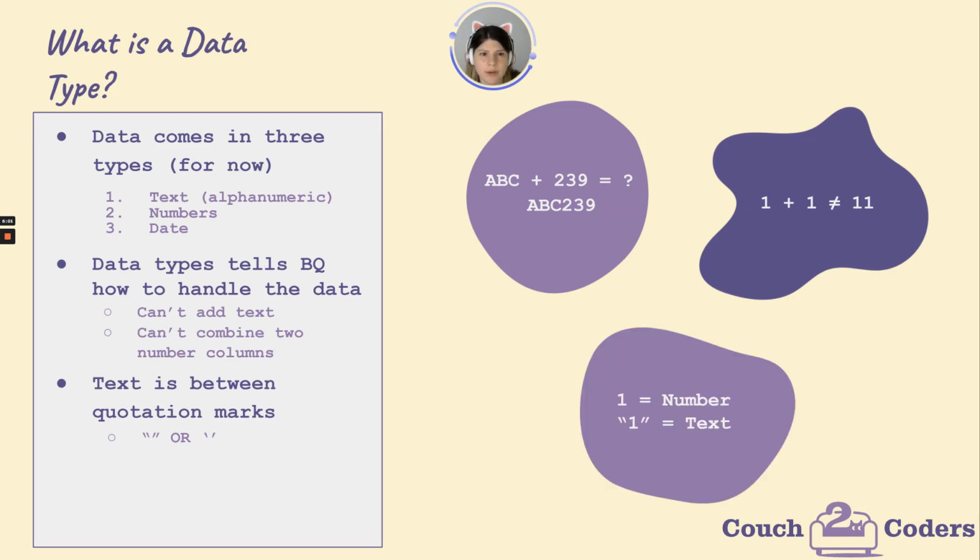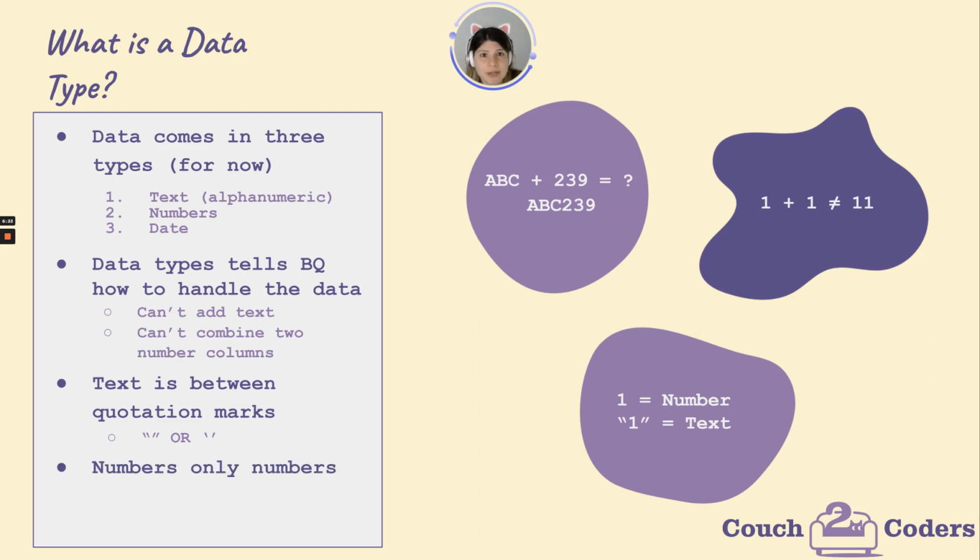So let's look at an example. If I have just a regular number 1, that means this is a number. I can do math to it. If I do column A plus column B and they're both numbers, it's going to be 1 plus 1 equals 2. If I have column A, column B, and they're both text data, and there's still a 1, and I do A plus B, it's just going to combine them and paste them together, which would end up giving me 11.